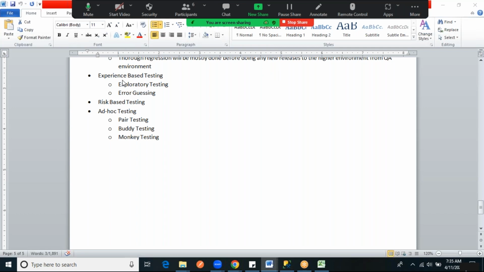So that experienced tester, what he will do, he will do these things. These are some of the test design techniques when you are analyzing the requirement and writing the test cases by identifying different scenarios.